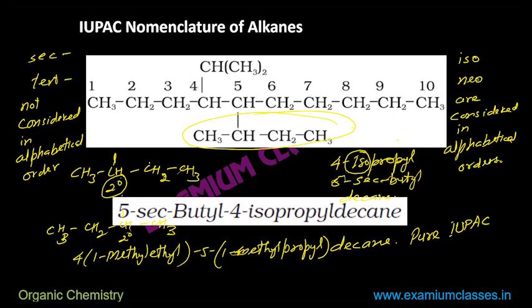So that's why if I now combine all these three, decane obviously will be last, but sec will not be considered in alphabetical order. So B will be considered and iso will be considered. B comes first. So I will write 5 here first. Remember the difference. In pure IUPAC naming, 5 was after 4 because of the alphabetical order. Here I will write 5 first.